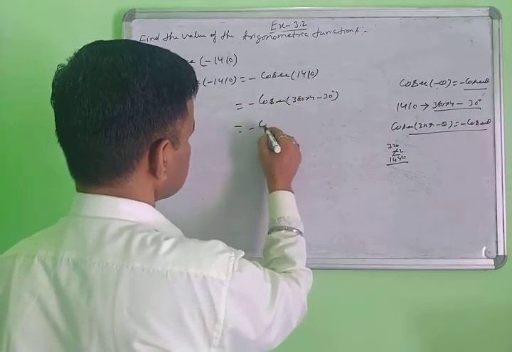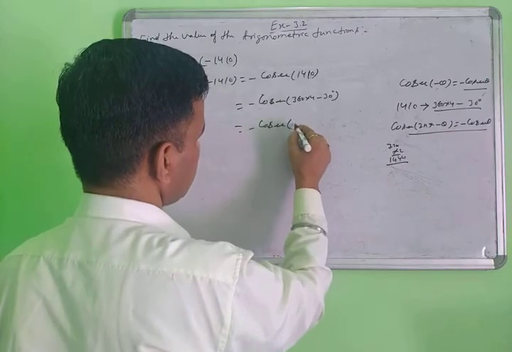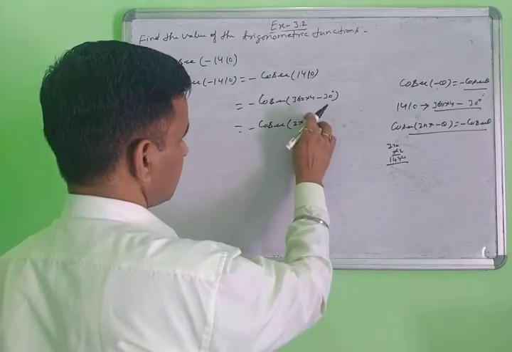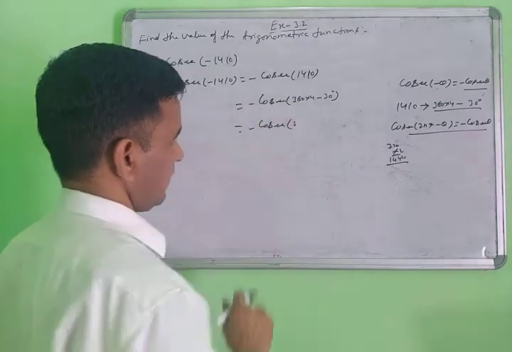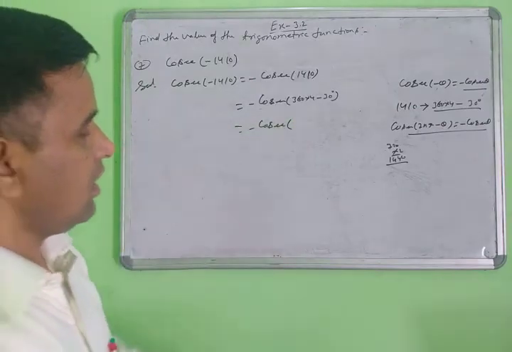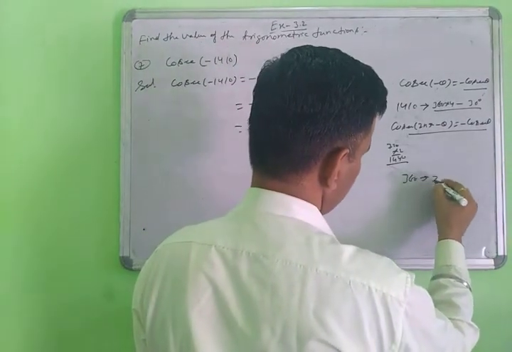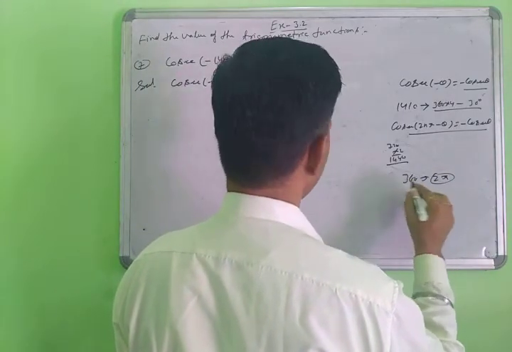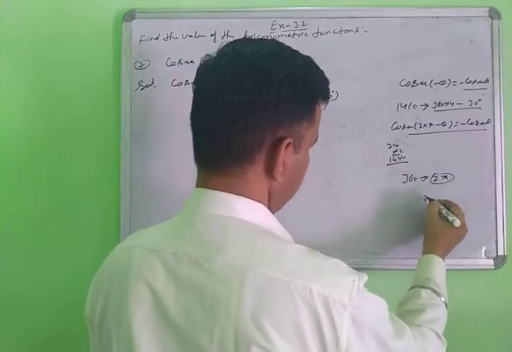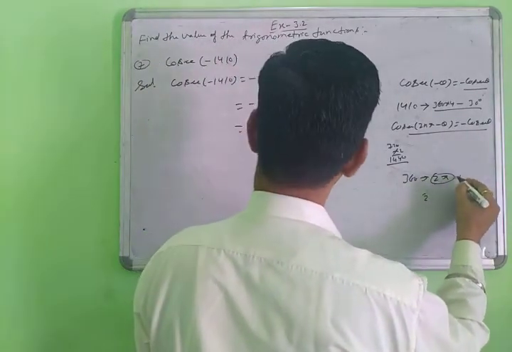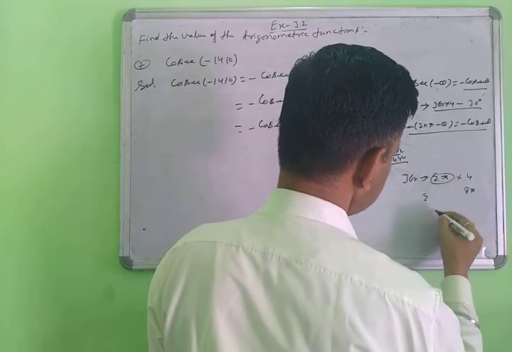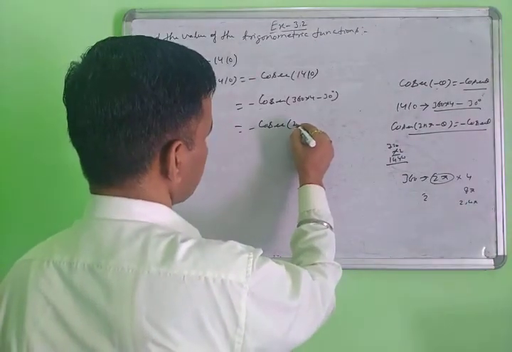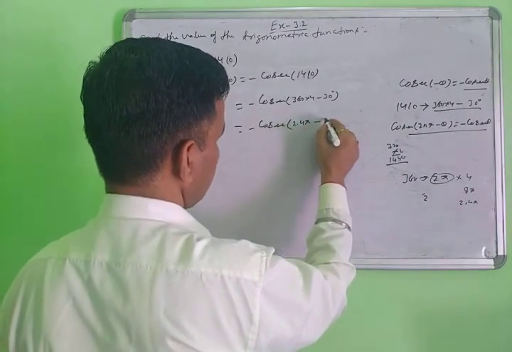It becomes minus cosec of 2 pi into 4, writing 2 n pi plus theta. 360 means 2 pi, and 2 pi into 4 makes 8 pi. Then you write 2 into 4 pi minus theta.